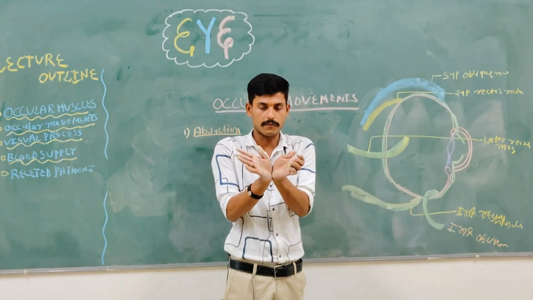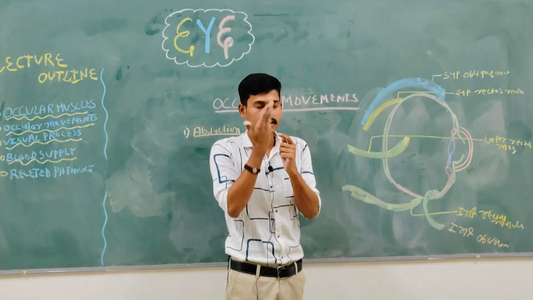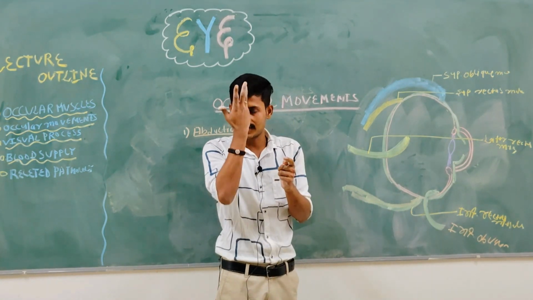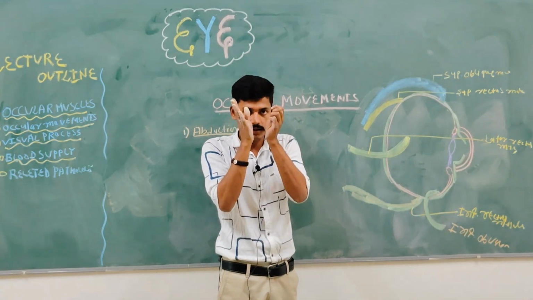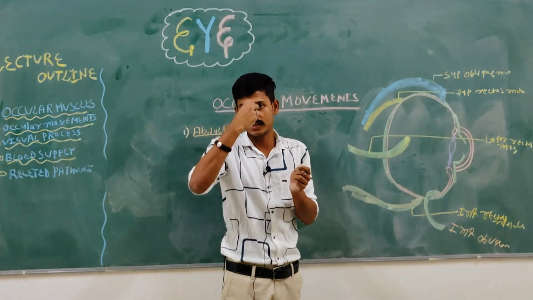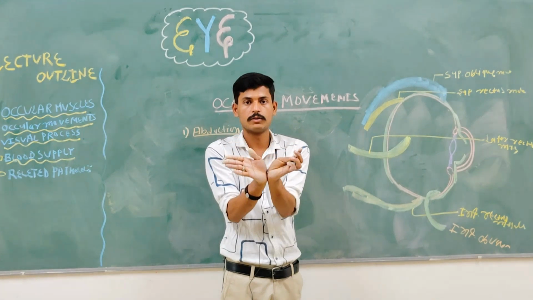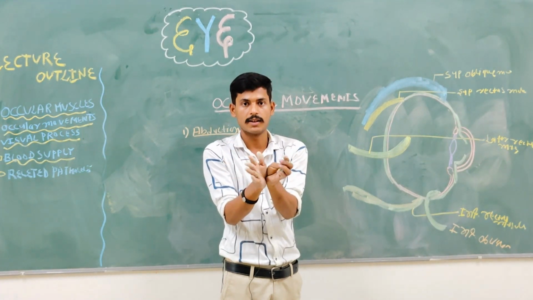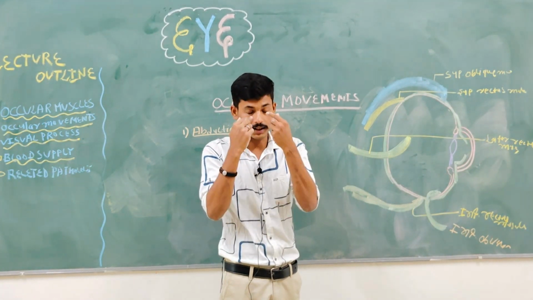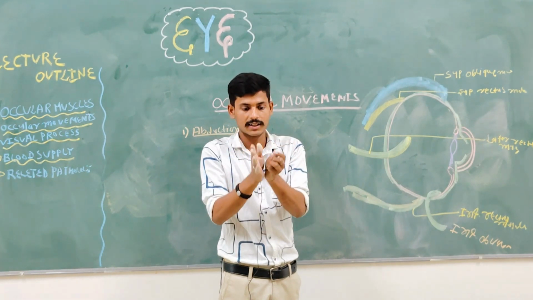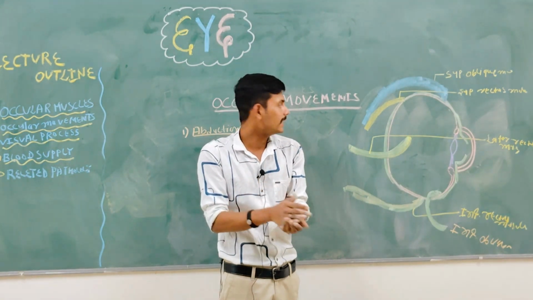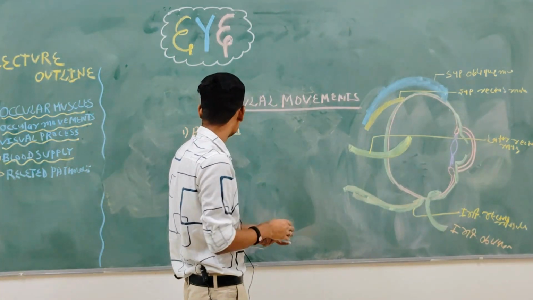Abduction means away. Suppose this is the visual axis, and there is an eyeball. If it moves away from the internal canthus, then this type of movement is called abduction.